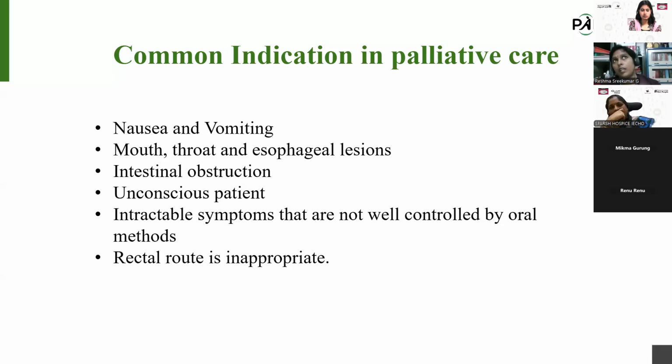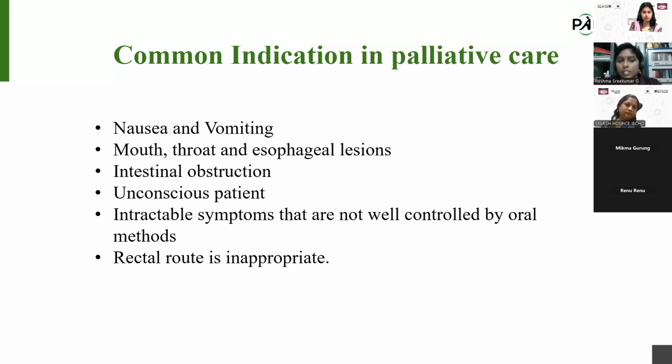After chemo and radiation, there is a chance of developing nausea and vomiting. Due to that severe nausea and vomiting, they can't take anything orally, or take opioids for pain. So we can choose the subcutaneous route for their medication administration.